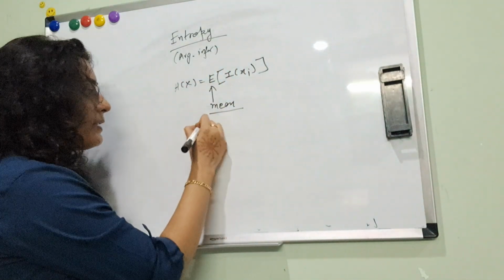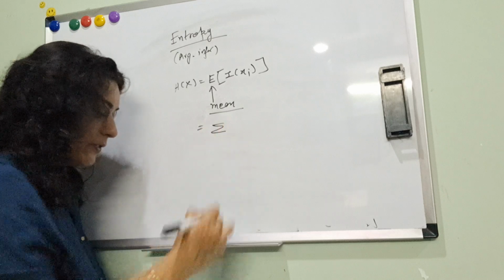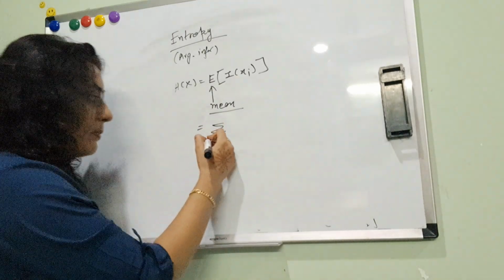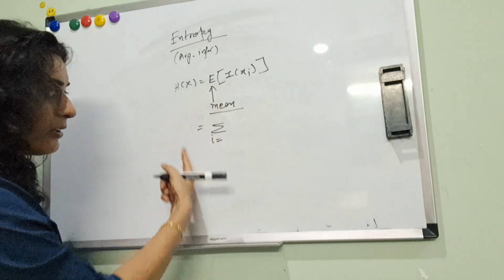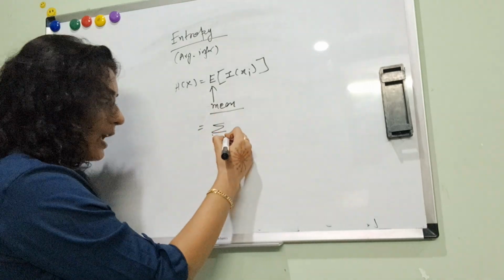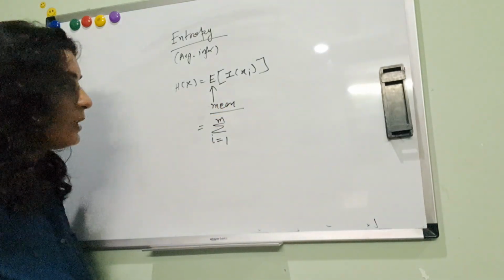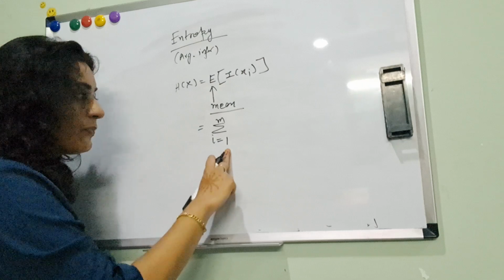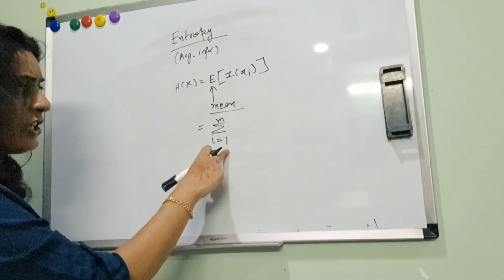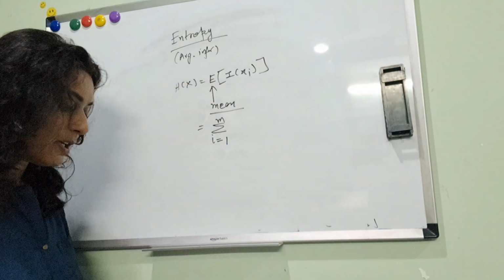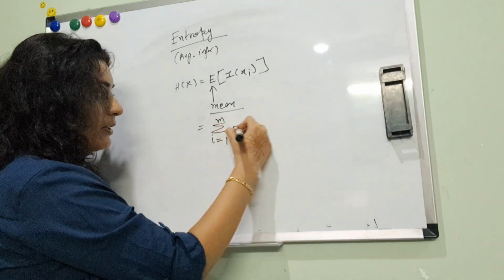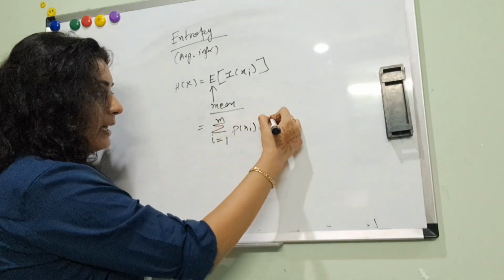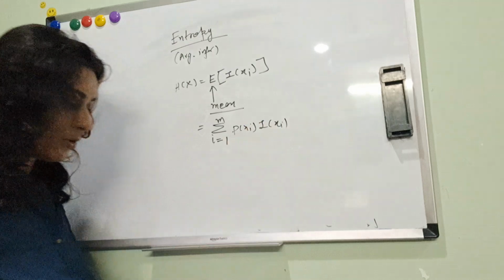If there are m different symbols, I can rewrite its form as the sum from i equals 1 to m, with the probability distribution Pxi and information Ixi.